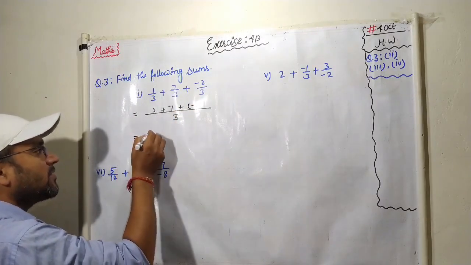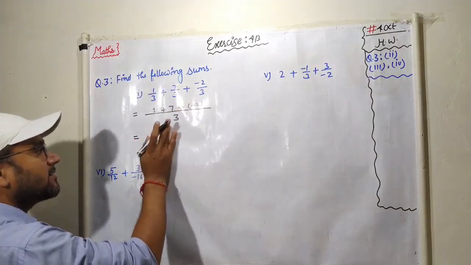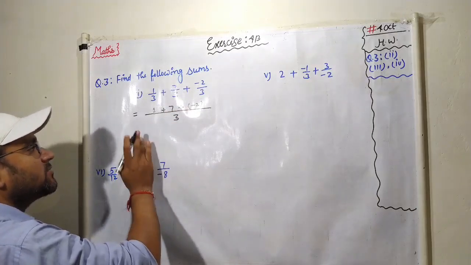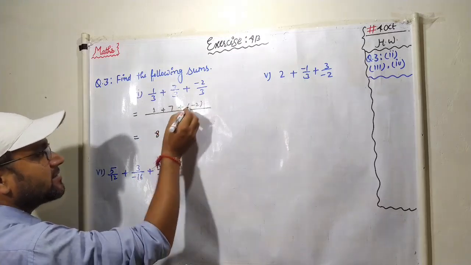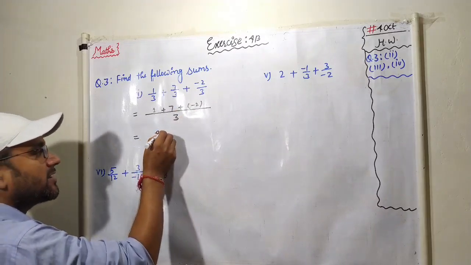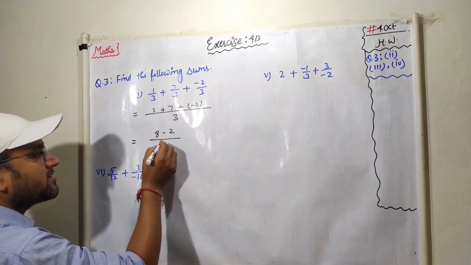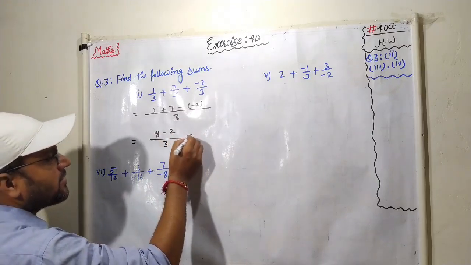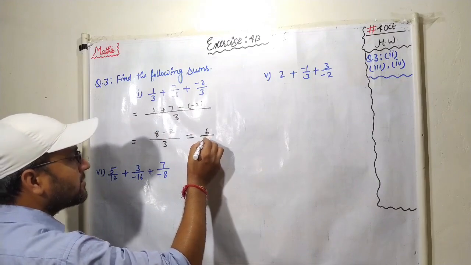In the next step, 1 plus 7, you will get 8, and plus minus: if you remove this bracket, then plus multiplied by minus gives minus. Okay, students? So 8 minus 2 upon 3, you will get 6 upon 3.